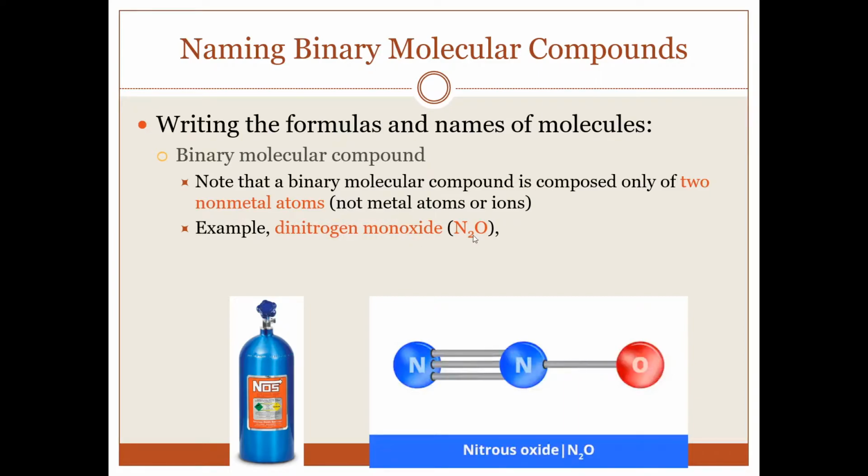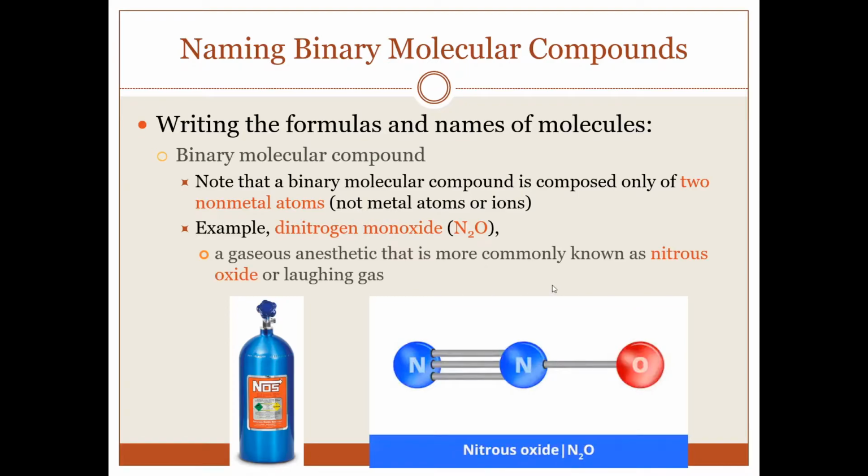Di meaning two, nitrogen, mono meaning one, and oxide for oxygen. Dinitrogen monoxide. Like I said, it's a gaseous anesthetic, and it's also used in racing.